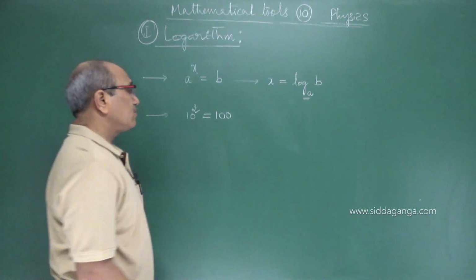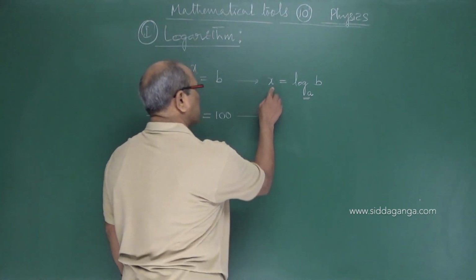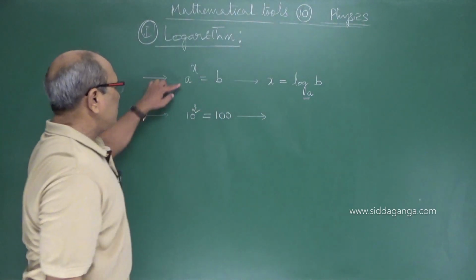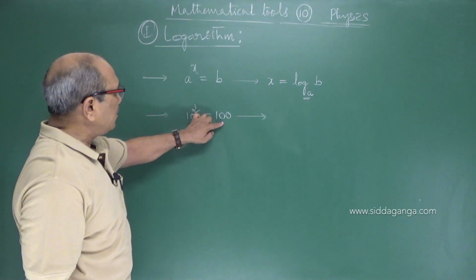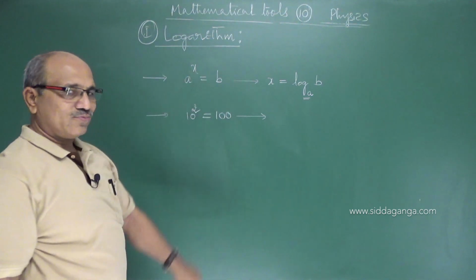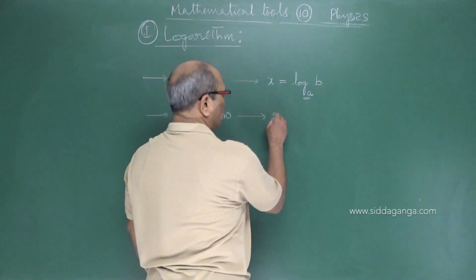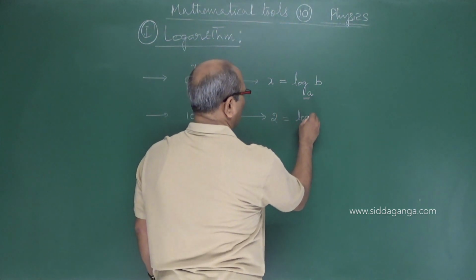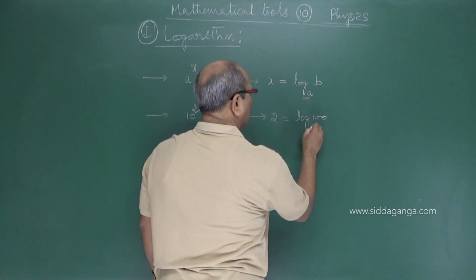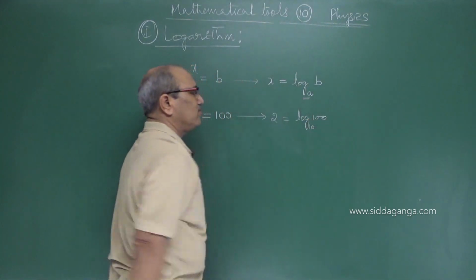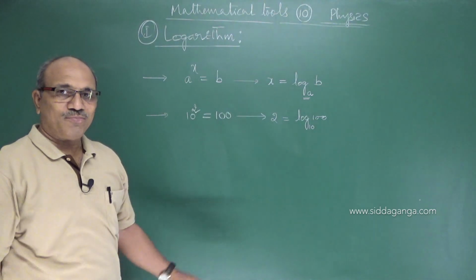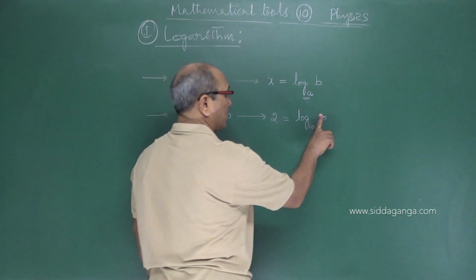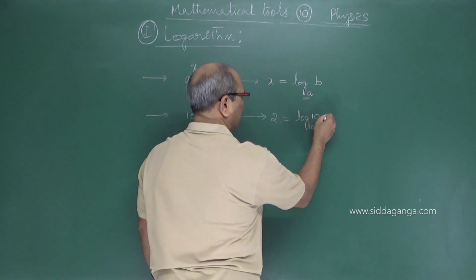Let's take this. So how can I express it here? A is 10, B is 100, X is 2. That means 2 is equal to log of 100 to the base 10. I hope you have followed now. Numerical examples help you understand better.